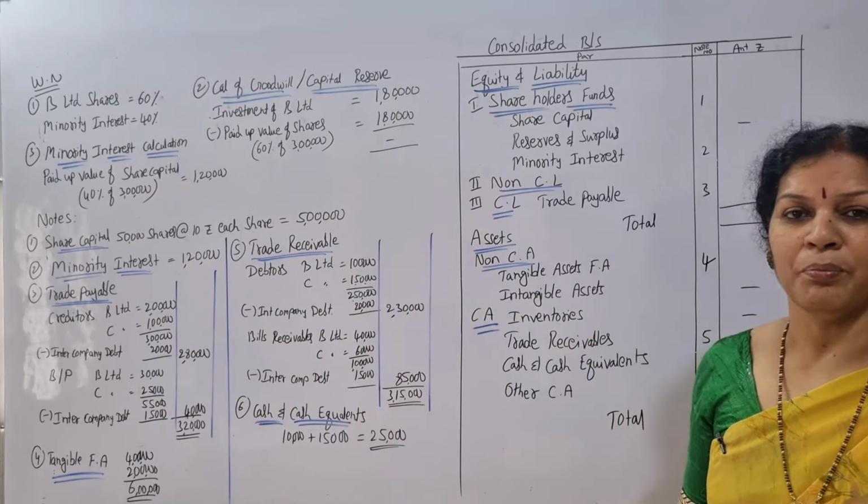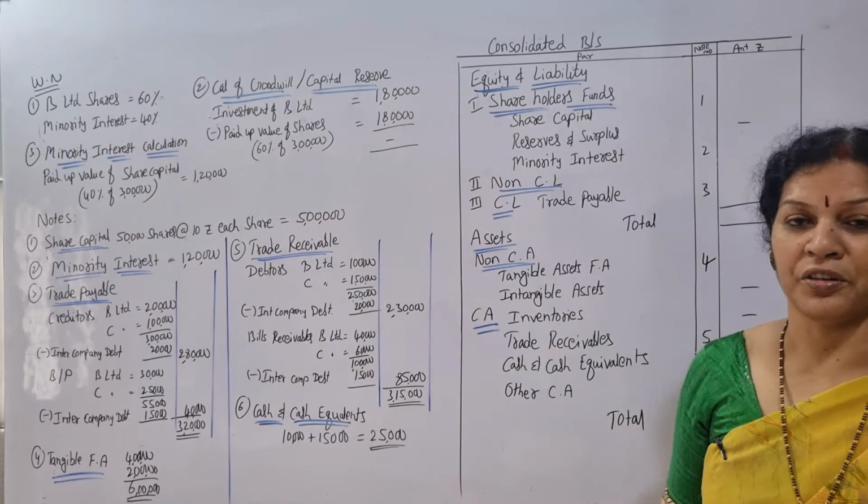Now coming to the consolidated balance sheet. Always remember we have to draw the format as it is. You know that equity and liabilities we keep as the heading. Under equity and liabilities 3 columns are there: shareholders funds, non-current liabilities meaning long term, and current liabilities. Shareholders funds we have 3 items: share capital, reserves and surplus, minority interest. Now on the asset side, non-current assets, current assets.